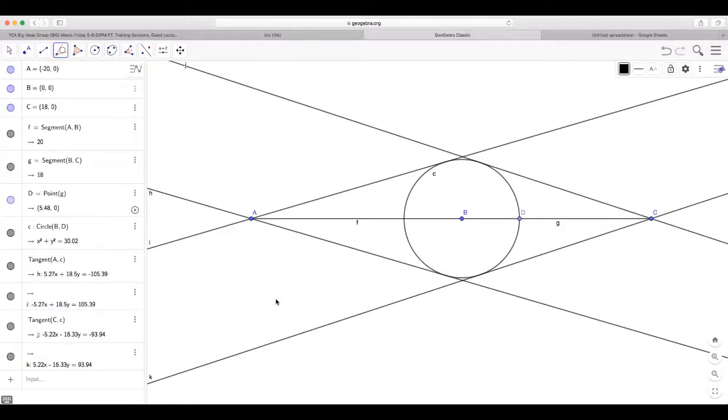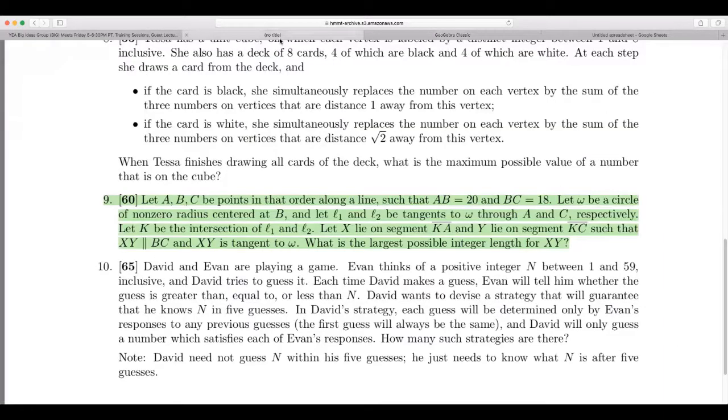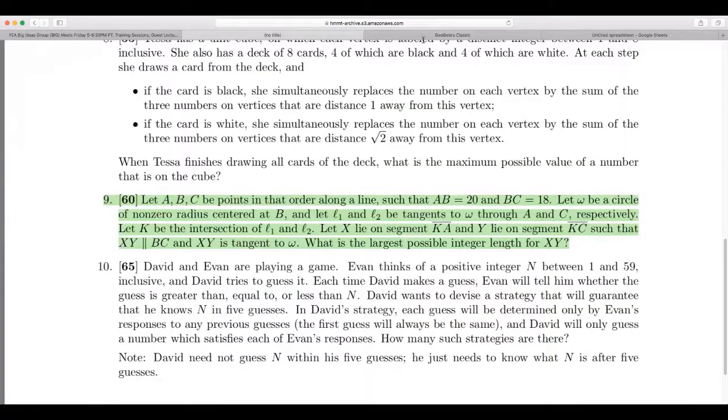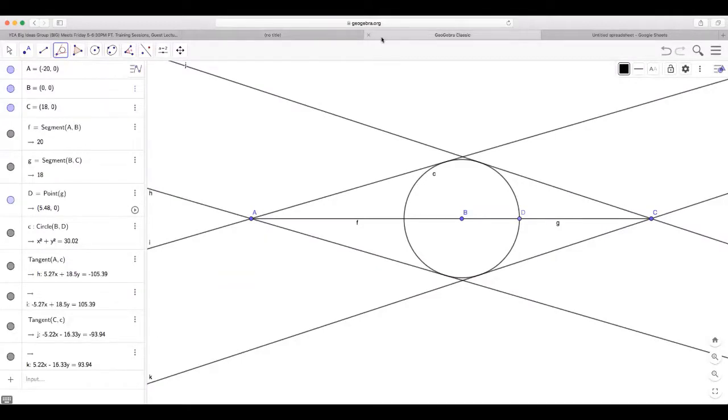So now it's just something very short, or it could be something that would be close to 38. Integer lengths. Well, we know that it's got to be less than 38. So if one had to guess, one should guess 37.